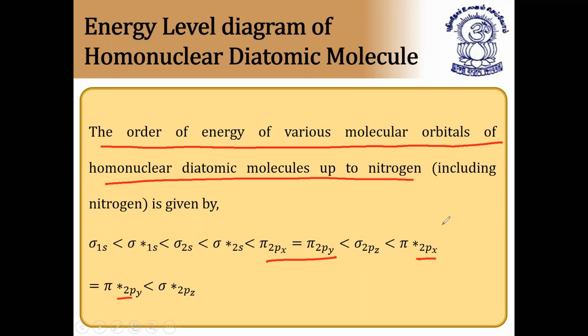So how will you apply this configuration? This is nothing but molecular orbital configuration. Let us see, for example, we'll write for nitrogen.